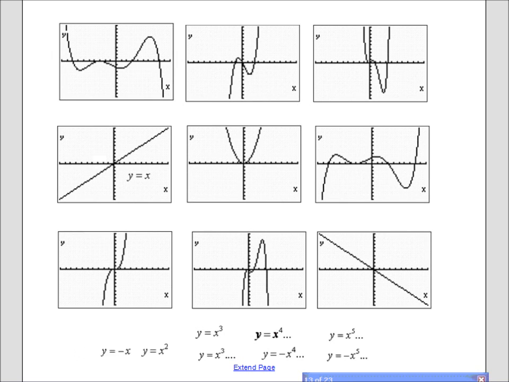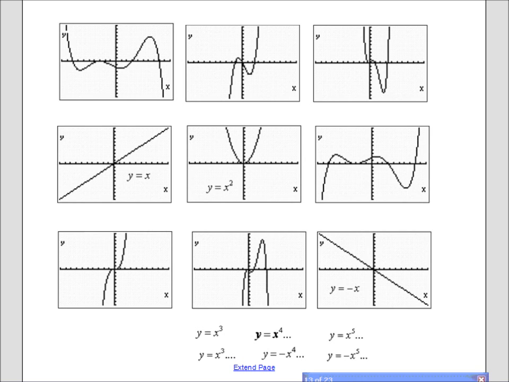How about this one then? Well, it's a straight line, but it's negative, so it's going to go there. Next easiest one would be this one. We should know by now that that's a parabola, and because a is positive, it's going to be a parabola up.